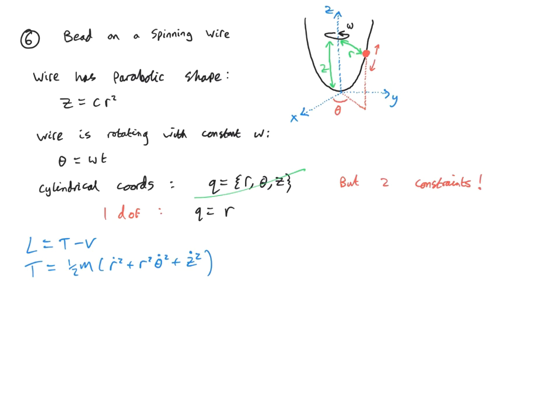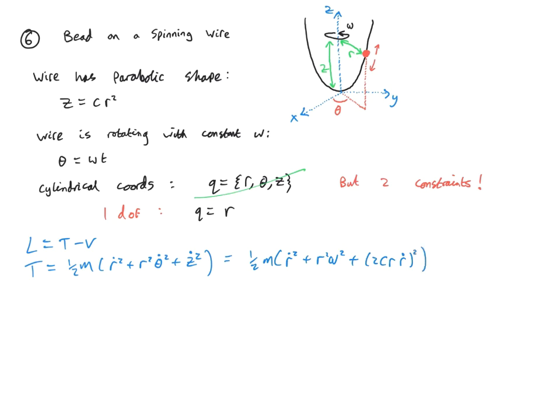And when I do that, I will get a kinetic energy that looks like the following, just in terms of our coordinate r and the constant angular velocity omega. So we get something like that.